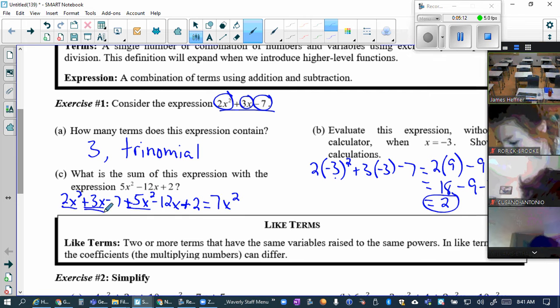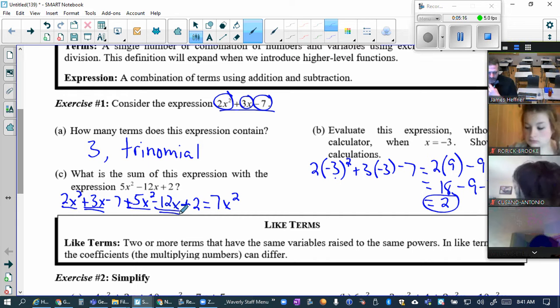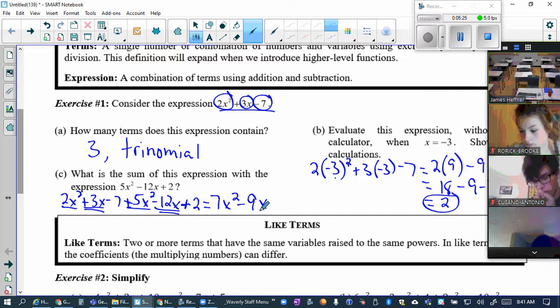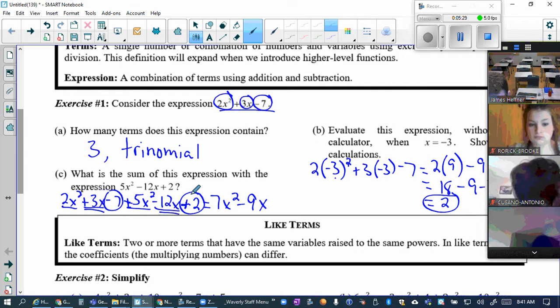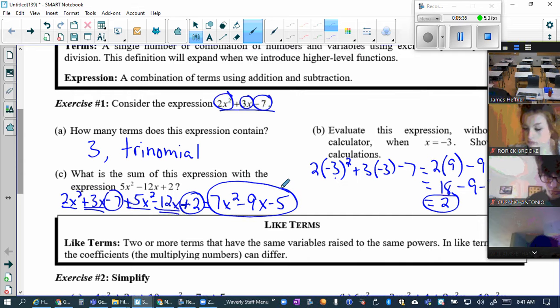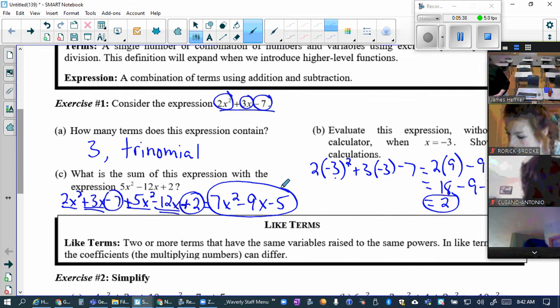Plus 3x minus 12x. That negative goes with it. What's 3x minus 12x? Negative 9x. And then we've got negative 7 plus 2, which is minus 5. All right? So most of you should be fairly comfortable doing that.